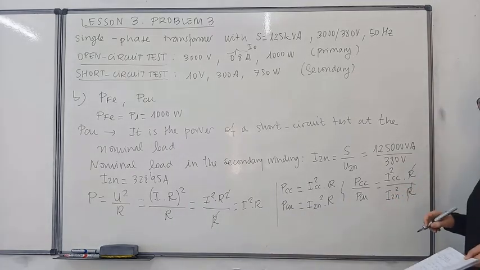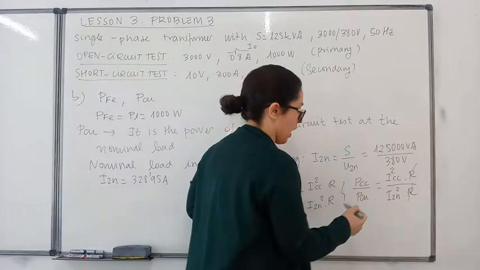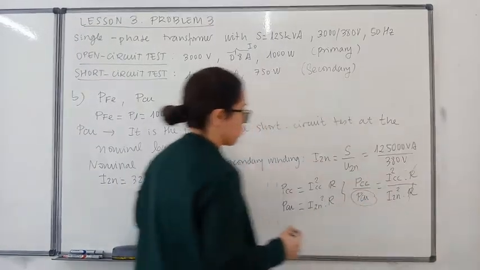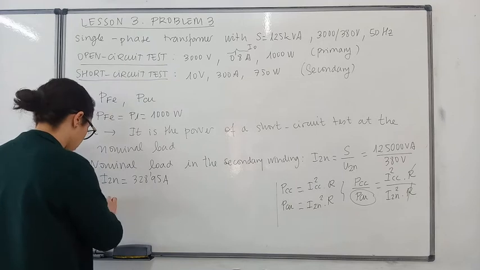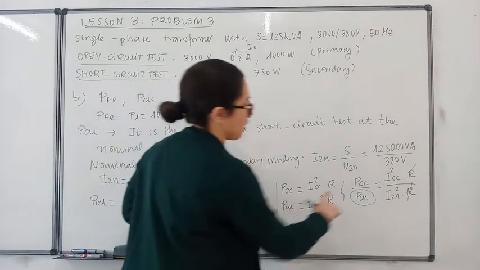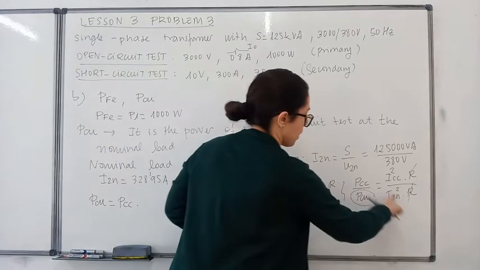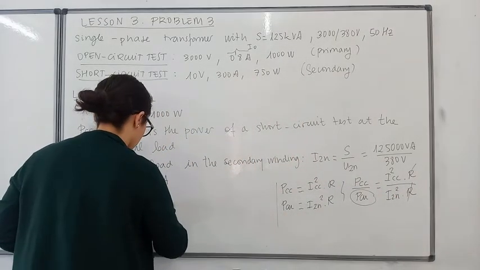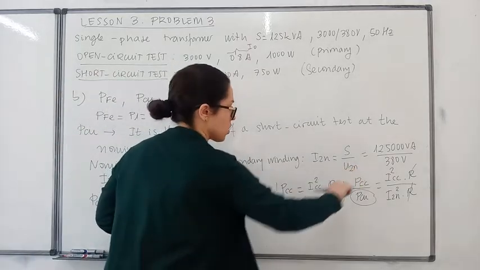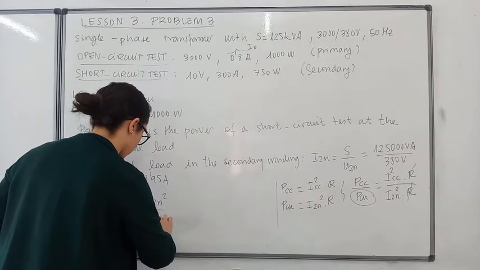If we simplify the resistance here, as we want to obtain the power of copper losses at full load, we will have the power of the short circuit test and here the square of the nominal current divided by the square of the short circuit current.